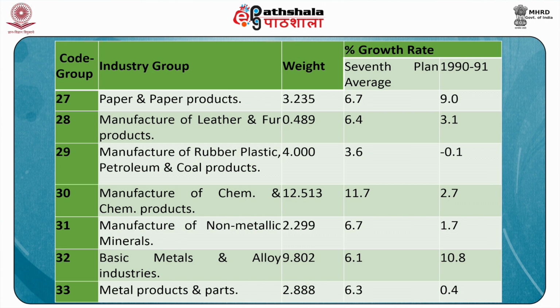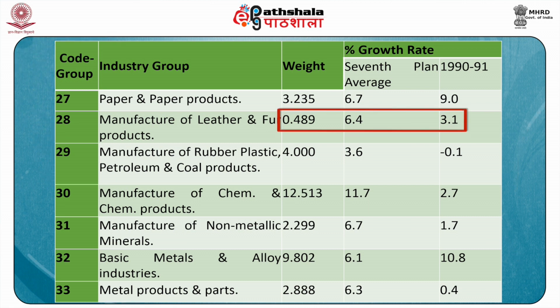Next, manufacture of leather and fur products. It weighted 0.489 with a growth rate of 6.4% in the 7th 5-year plan and 3.1% in 1990-91.